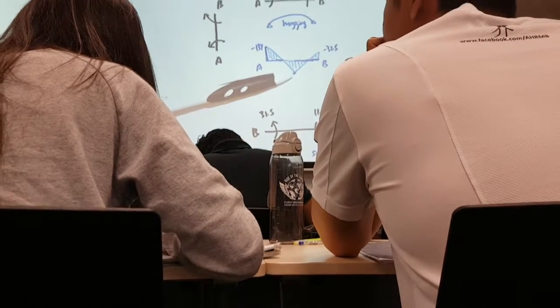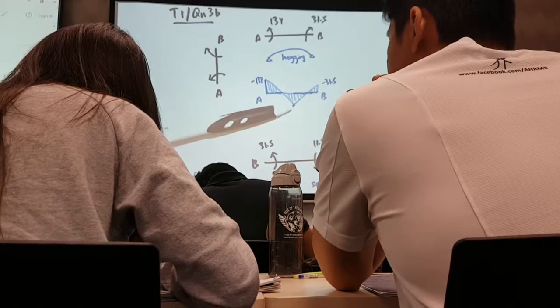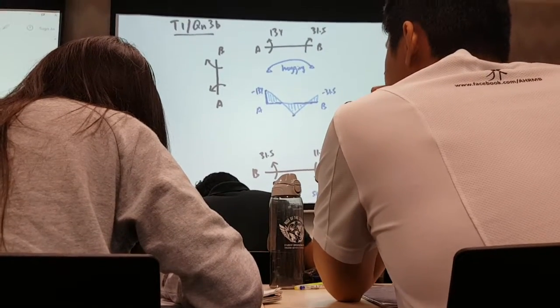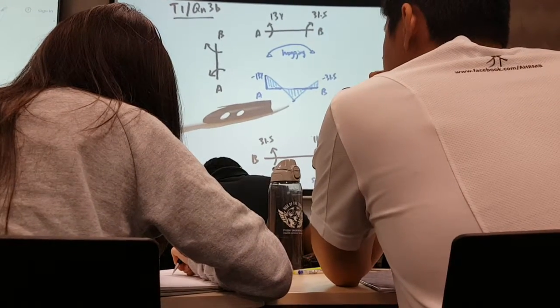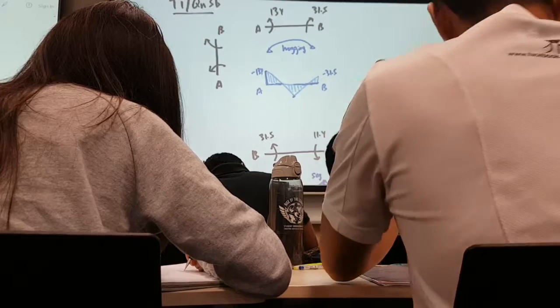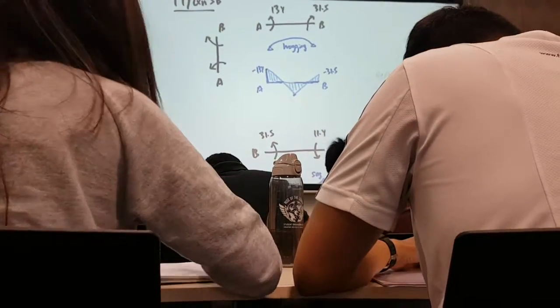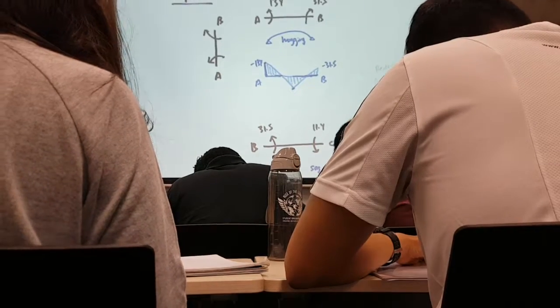That is the characteristic of bending moment for a point load. The maximum moment corresponds to the position of the point load. Because this is a point load, the shape is linear, not parabolic.